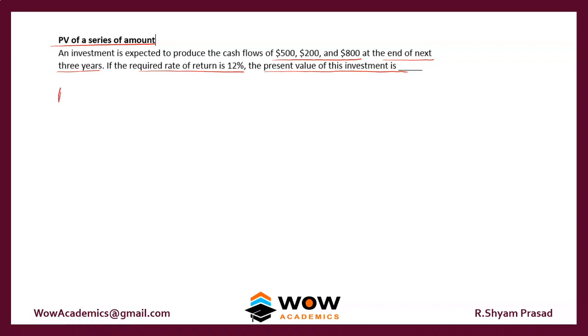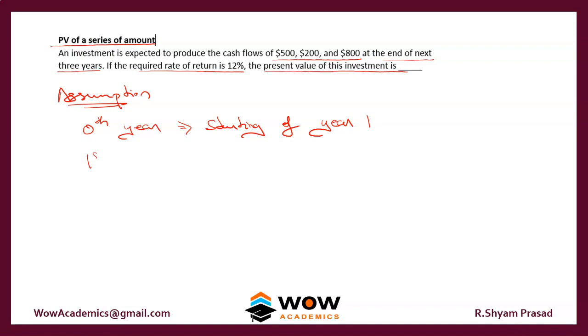As per the assumption used in this calculation, the zeroth year refers to the starting of year 1. So that is the starting of the first year. What does the first year then refer to? The first year always refers to the end of year 1. So the same logic keeps on continuing.